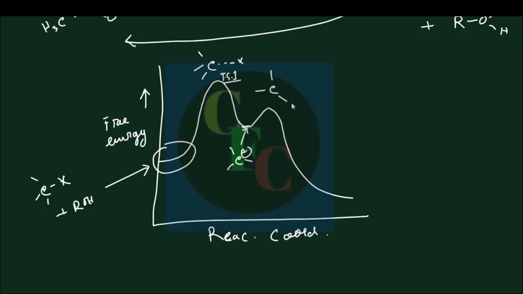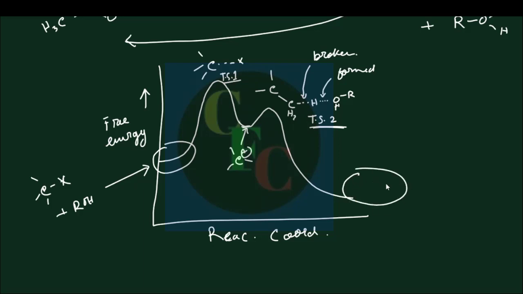In this case, this bond is being broken, this bond is being formed, and this is being broken, right? So this is our transition state 2, and ultimately we get the products here. So what are they? You have the alkene plus the protonated solvent. Okay, so this is our free energy diagram for E1.